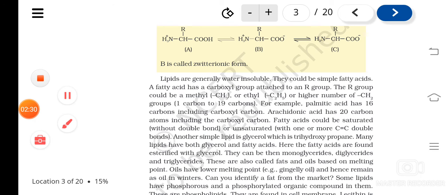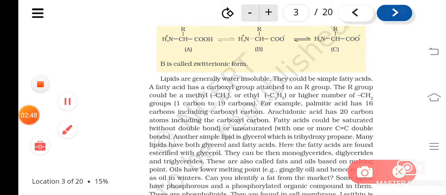Lipids are another group of compounds that are found in the water insoluble fraction. Actually they are fatty acids. Fatty acids means a carboxyl group attached to an R group.